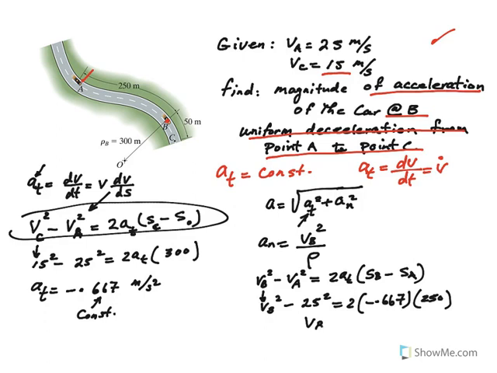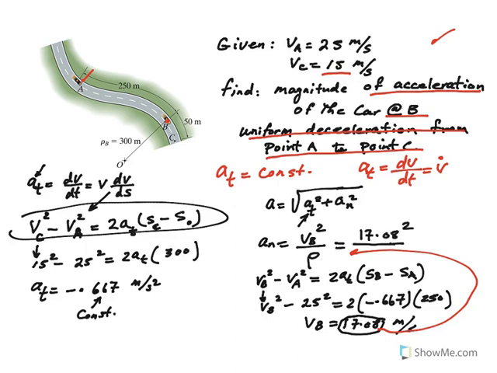So if we solve for the velocity of B, it becomes 17.08 meters per second. Now you can take this and plug it right in here. So 17.08 squared divided by the radius of curvature, which is 300 meters, comes out to be about 0.9722 meters per second squared.